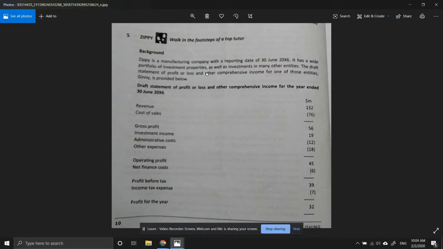Revenue is 132, cost of sales is 176, gross profit is 56, investment income is 19, administrative cost is 12, other cost is 18. And then what else do we have? Finance cost is 6 million, tax expense 7.